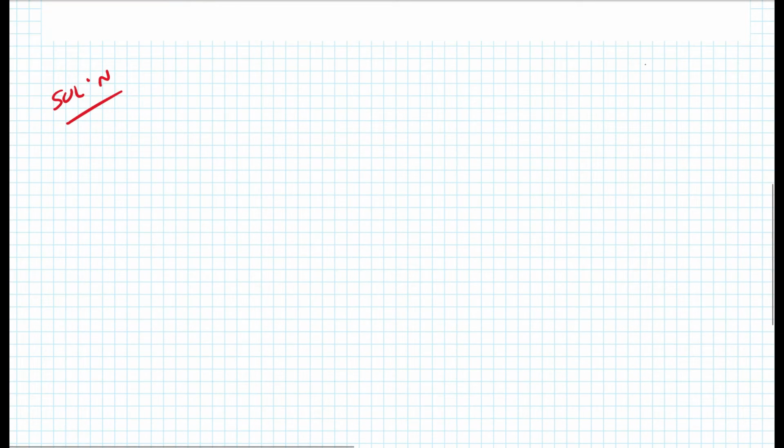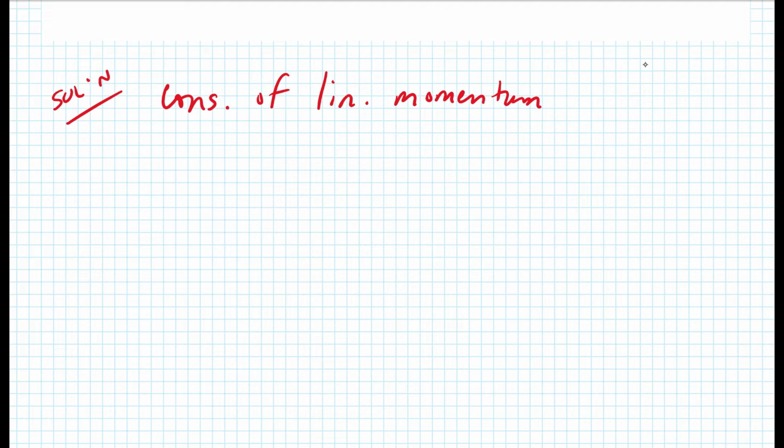Let's go ahead and work through it. We're going to use, as stated, the conservation of linear momentum, with positive to the right.